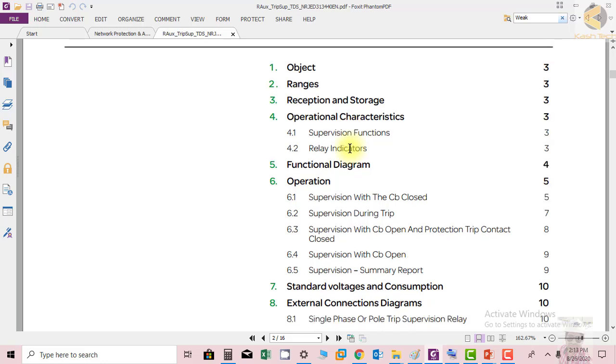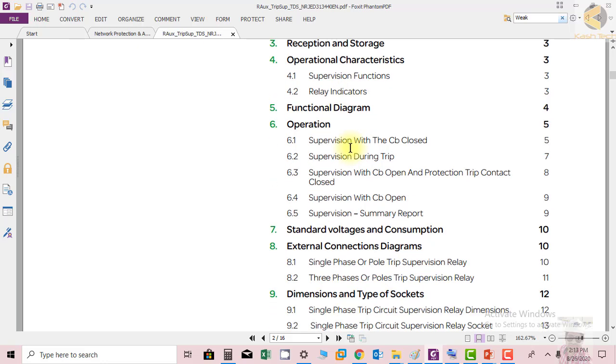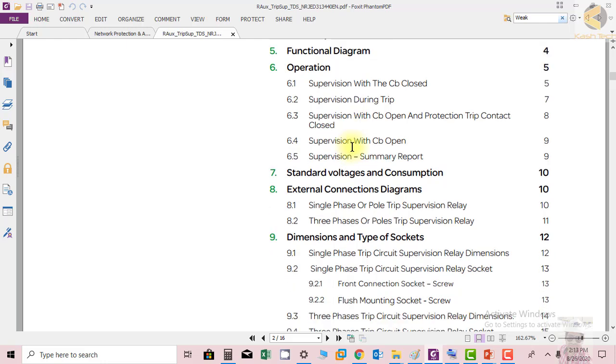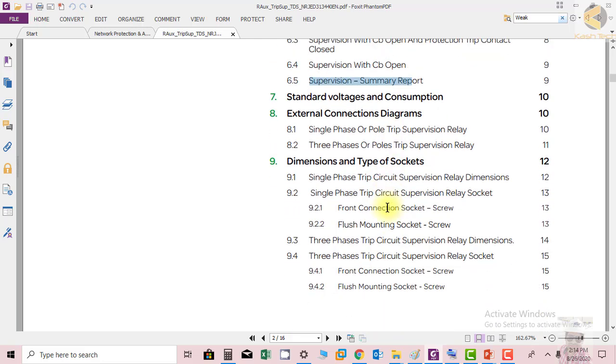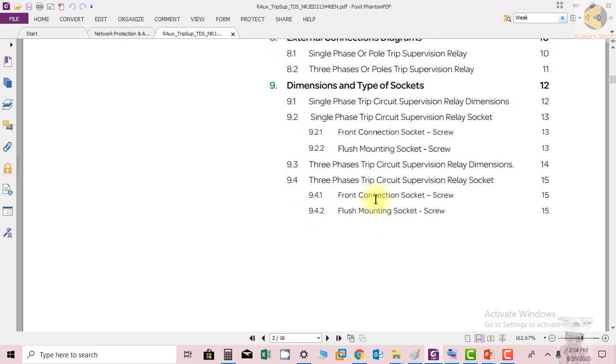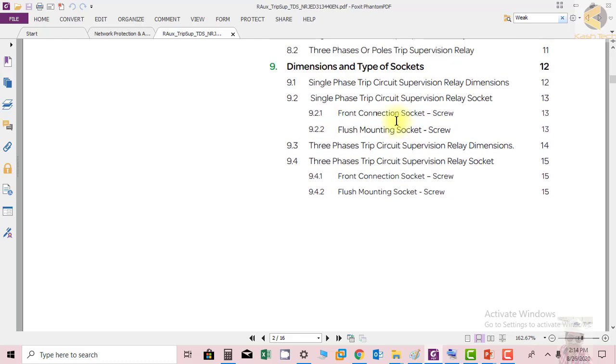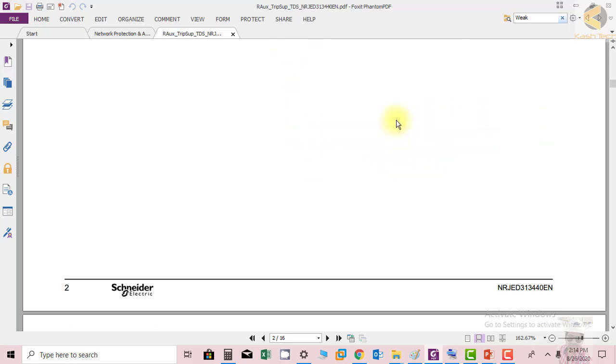It has ranges, reception and storage, functional diagrams, supervision with CB closed, supervision during trip, supervision with CB open and protection trip contact, supervision with CB open, summary report, external connection diagram, single pole or three pole supervision relays, dimension and type of sockets. These are important related to installation.